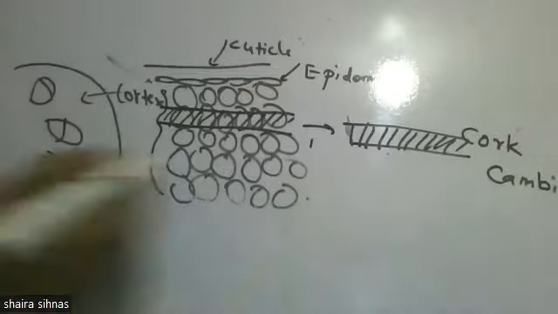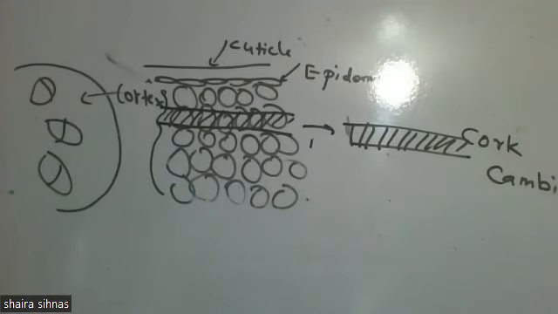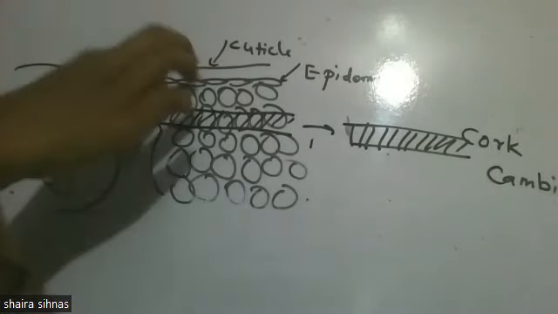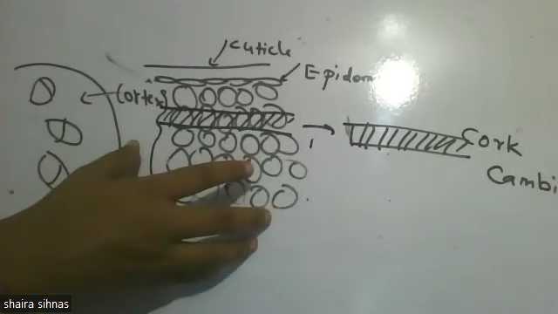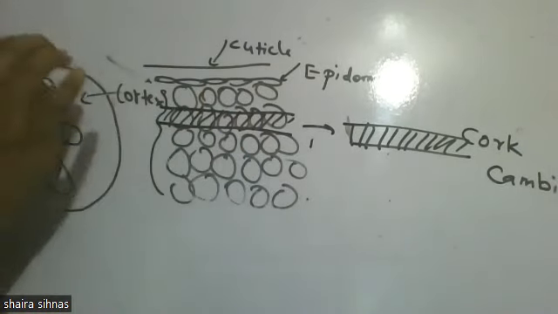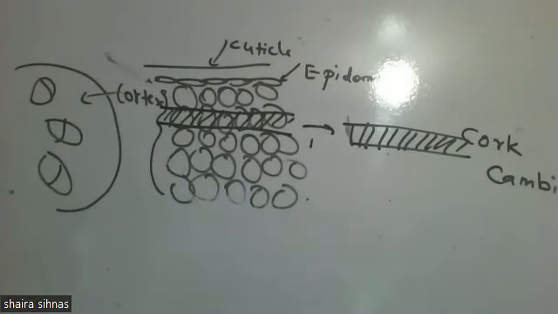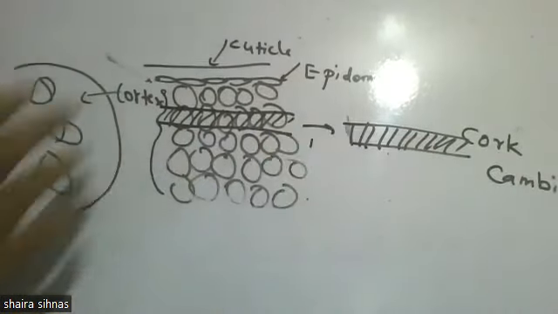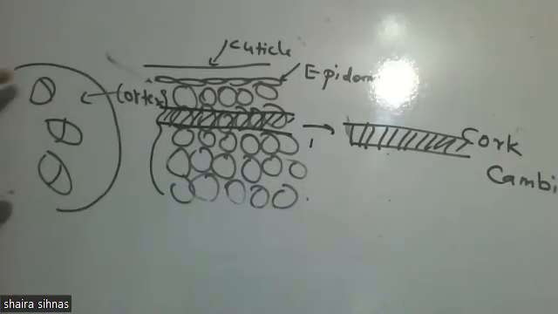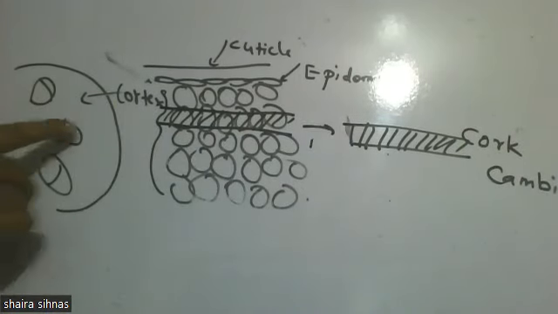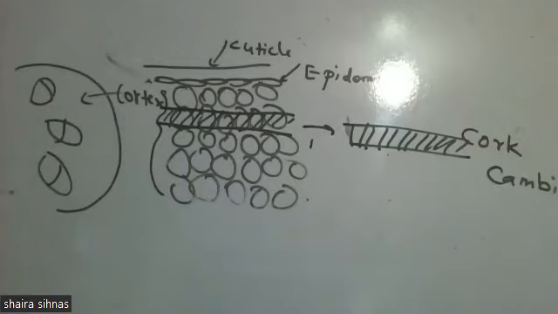Okay, this is the cork cambium. Right? So from the cortex, one parenchyma layer is going to de-differentiate into meristematic, and we call that the cork cambium. So inside this is the vascular region, and here the cork cambium, right?